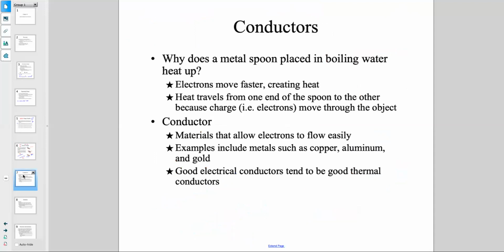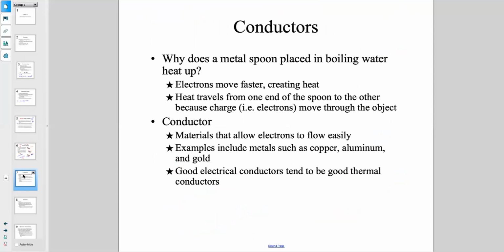Conductors. So why does a metal spoon placed in boiling water heat up? Electrons move faster, so they're creating heat, and heat travels from one end of the spoon to the other because charge or electrons move through the object, okay? Conductors are materials that allow electrons to flow easily, like a metal, like aluminum, for example, or copper or gold.